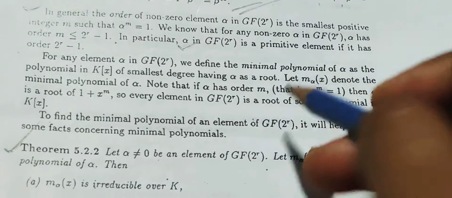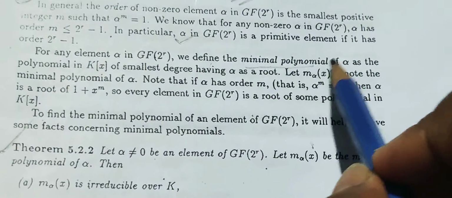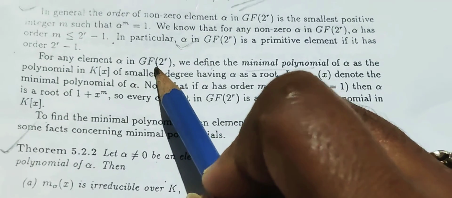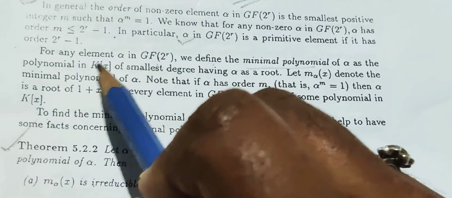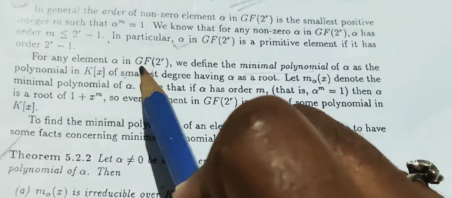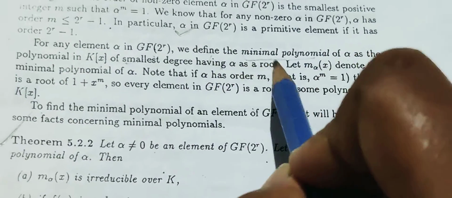So next one is minimal polynomial. We define the minimal polynomial of alpha, where alpha belongs to the Galois field of 2 raised to r, as the polynomial in k of x of smallest degree having alpha as a root.